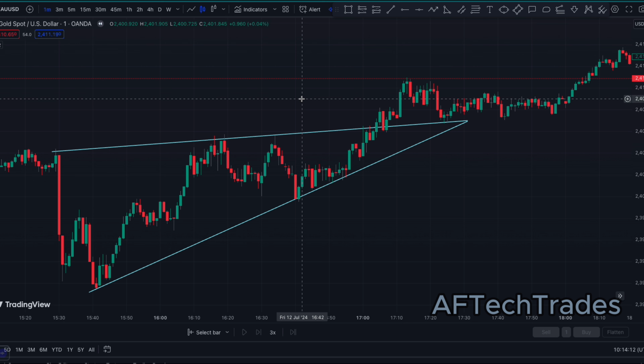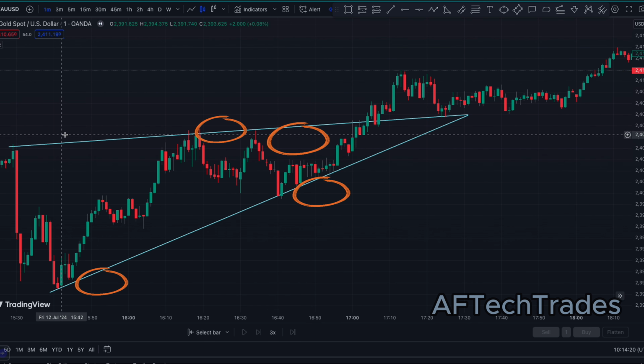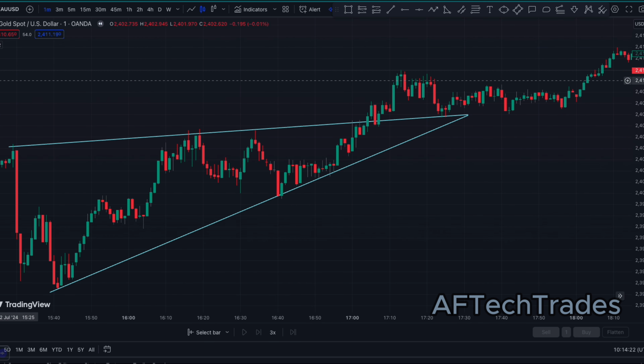So this is a live chart, and you will notice that we have multiple touches on our resistance zone, right? This is our resistance zone here. This trend line here is our resistance zone, and here is our support zone.